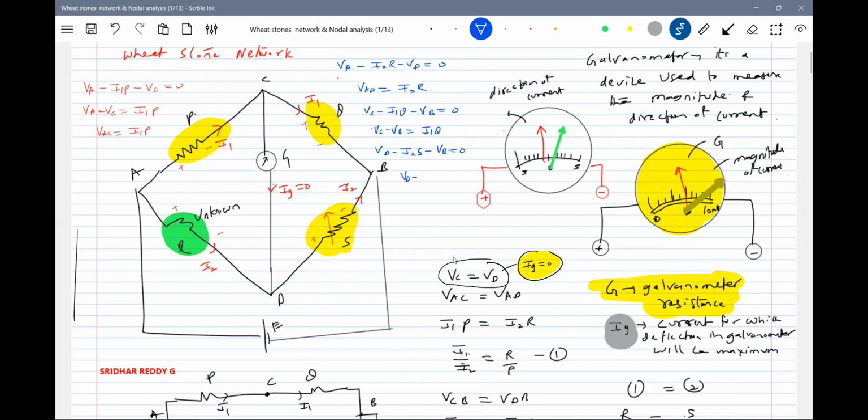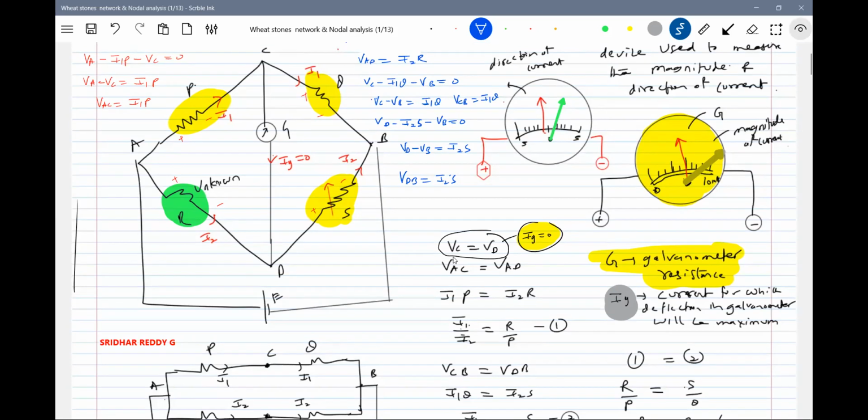So VD minus VB is equal to I2 into S. VCB is equal to I1Q, and VDB is equal to I2S. VCB should be equal to VDB because VC equals VD.